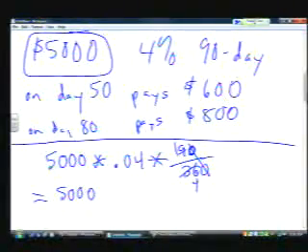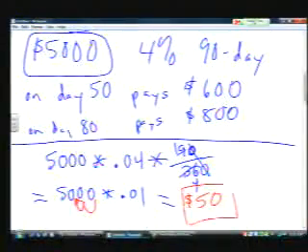So it'd be the same thing as 5,000 times 0.01. I can even do that in my head: move the decimal point over 2 places, and we get $50. So if he didn't make any early payments whatsoever, he would owe $50 worth of interest.